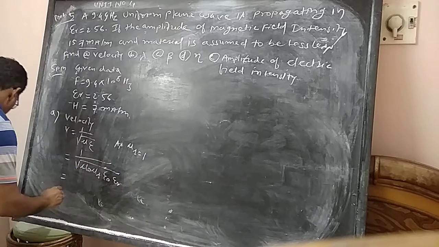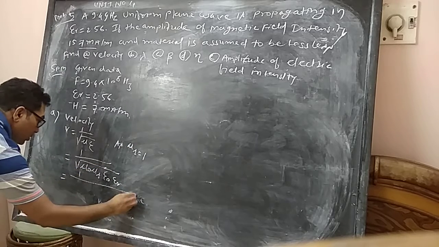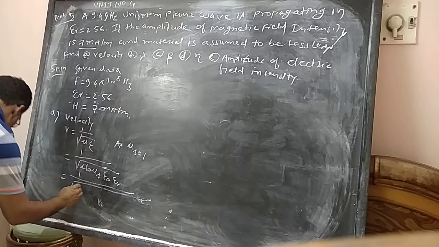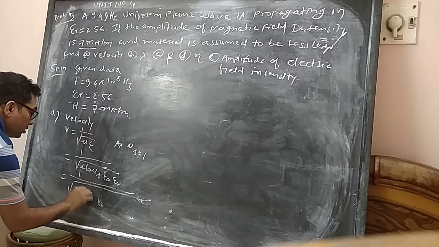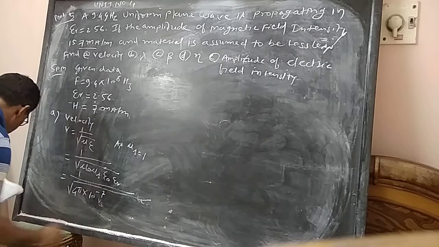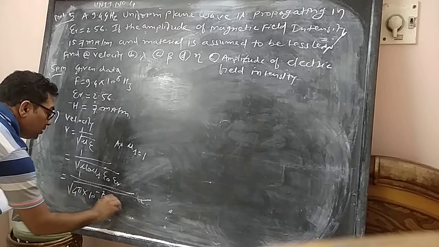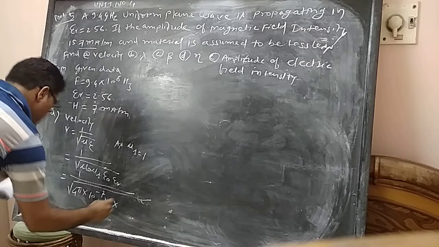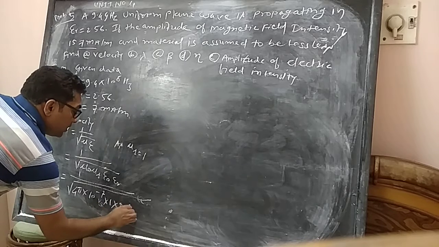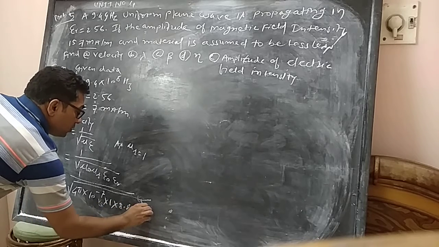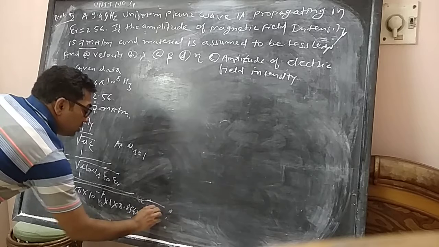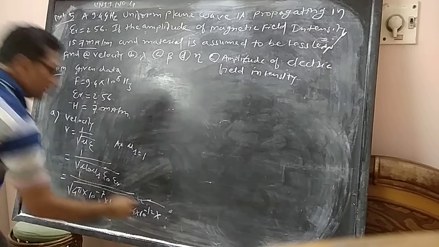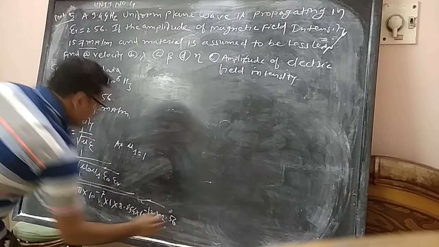So 1 upon under root of mu 0, which is 4 pi into 10 raised to power minus 7, multiplied by mu r, multiplied by epsilon 0, the value is 8.854 into 10 raised to power minus 12, multiplied by epsilon r, which is given, that is 2.56.